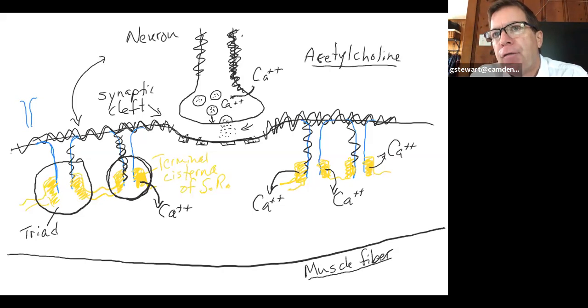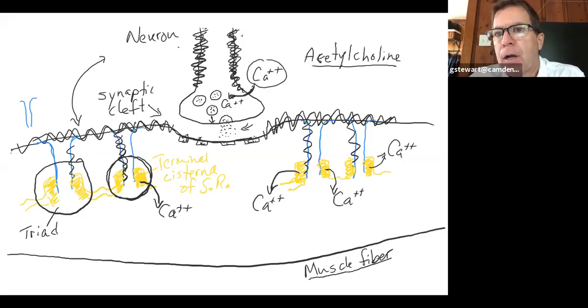Ready? First, an electrical impulse called an action potential travels down the axon. When it reaches the end of the axon of the neuron, it causes calcium ions to flow into the nerve cell.